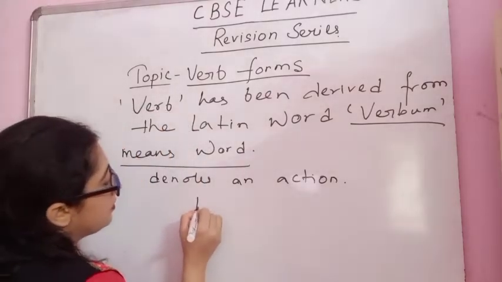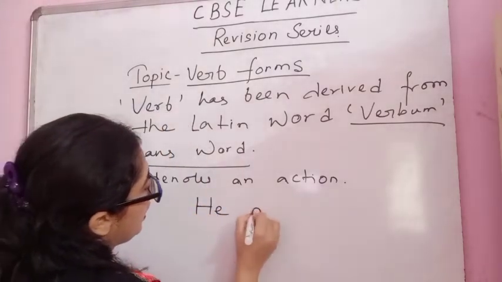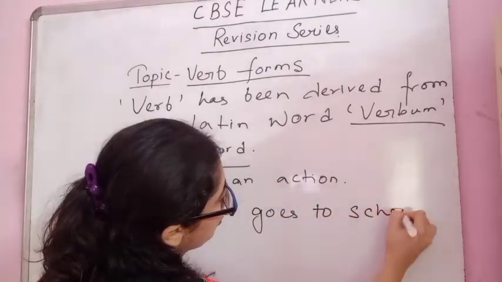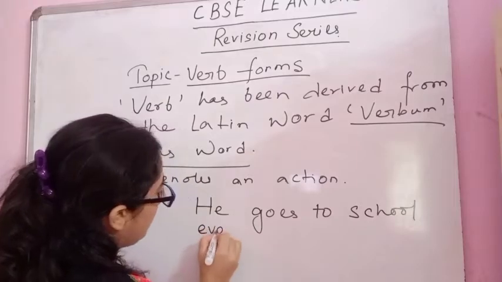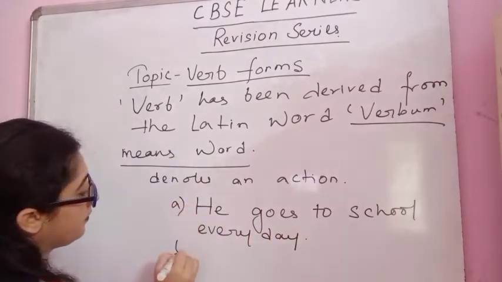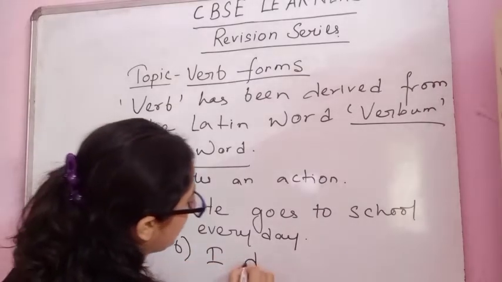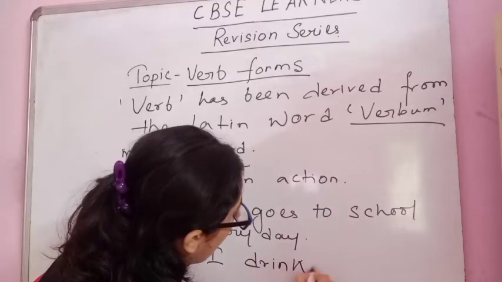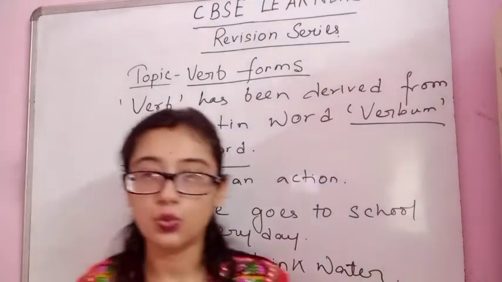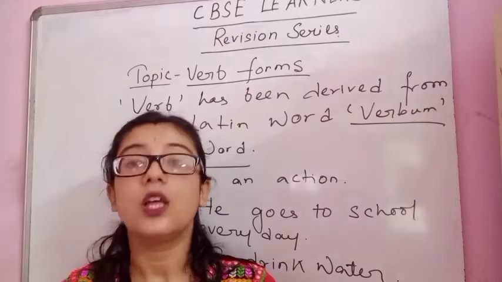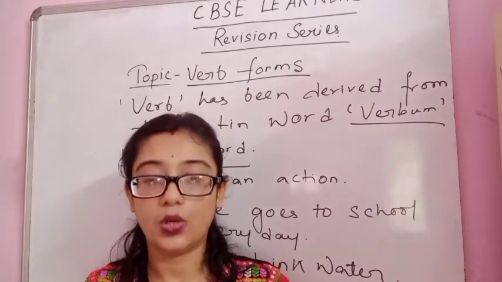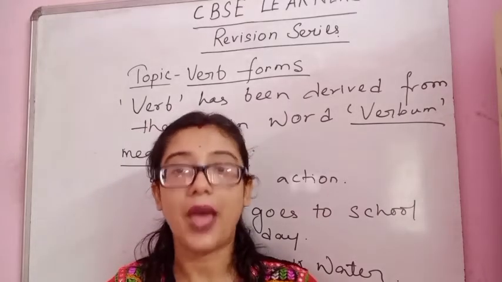Like, he goes to school every day. I drink water. So go, drink, do, these are all verbs. When they show some action you are doing, these are known as verbs, and they indicate some action.